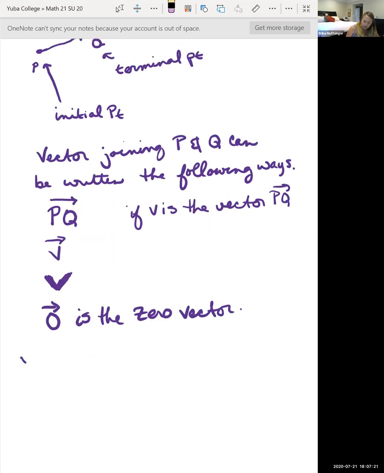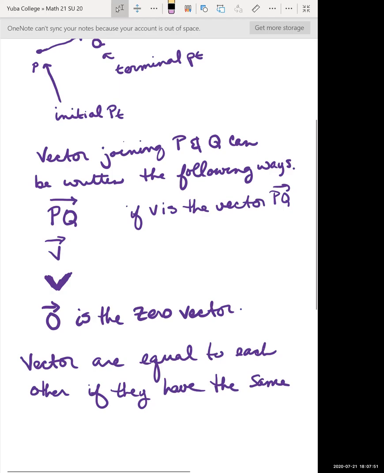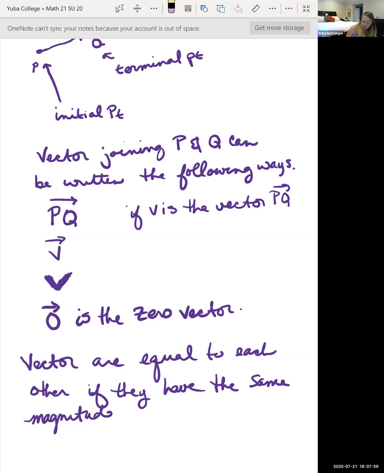Vectors are equal to each other if they have the same magnitude and direction.